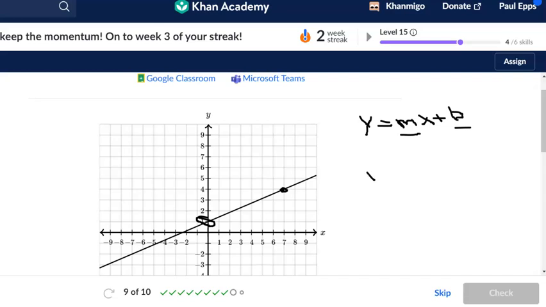We're going to have y equals 3/7 x plus the y-intercept, which is, I wish I hadn't marked it up like that, but the y-intercept is 1. So let's say 3/7 x plus 1.